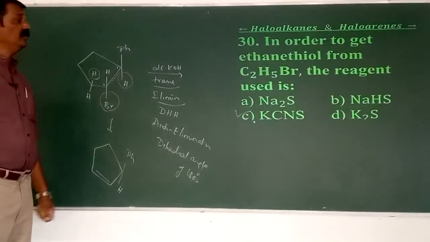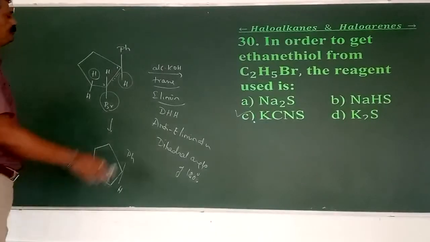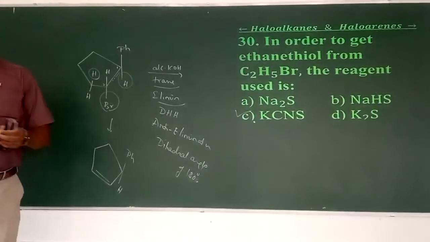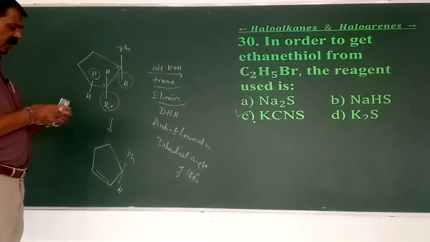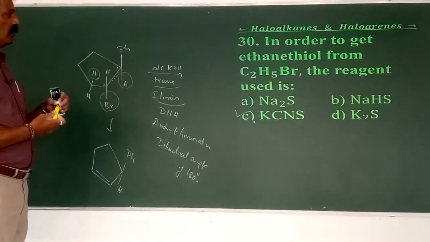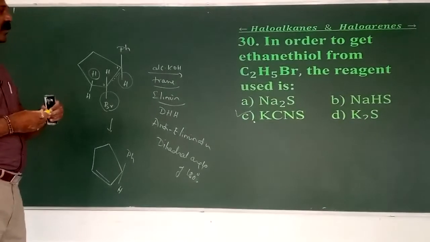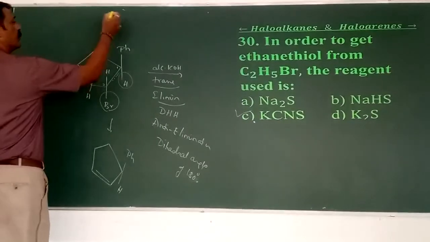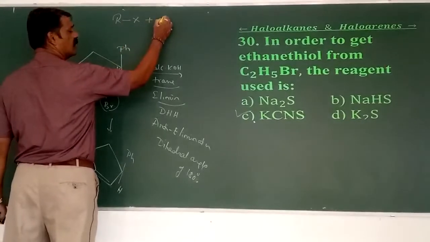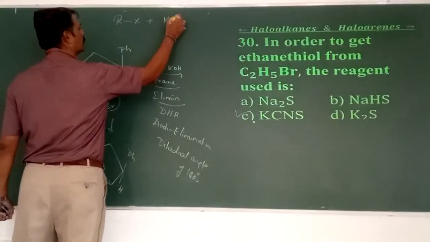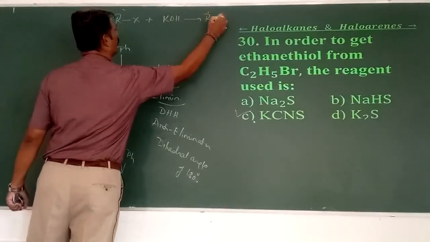Let's move on to the 30th. In order to get ethane thiol from C2H5Br, the reagent that has been used is... RX plus KOH gives rise to ROH.